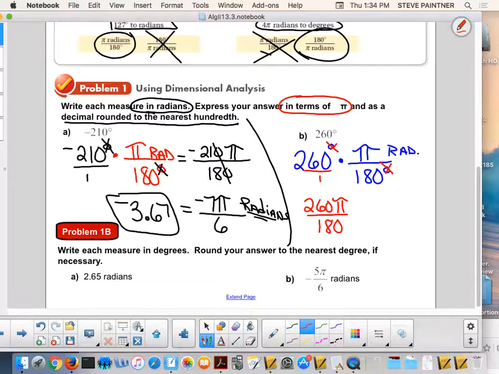That is your answer. It's just not reduced. So when you reduce it, you got what? 13 ninths. Okay. 13 ninths pi. There it is.